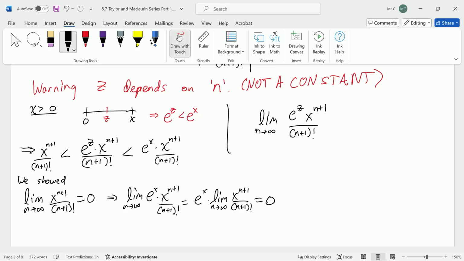And that is also 0, because note, x doesn't depend on n. So when I look at this upper bound and I've bounded this by e to the x, that thing is treated as a constant in terms of this limit.